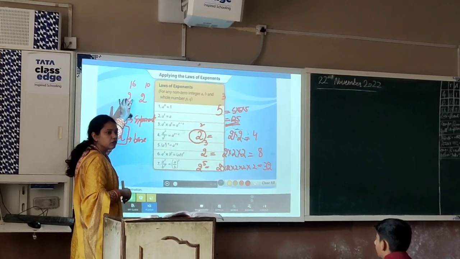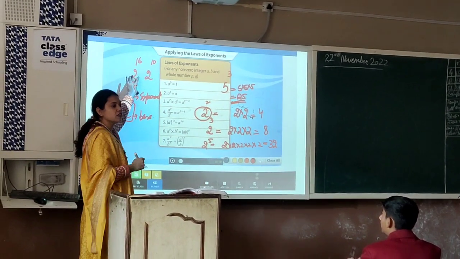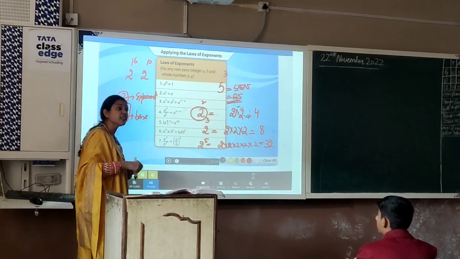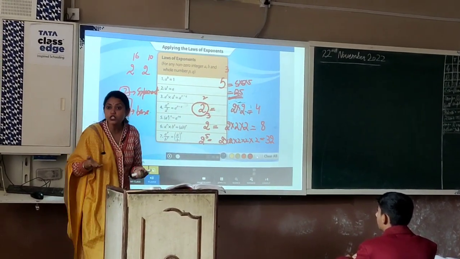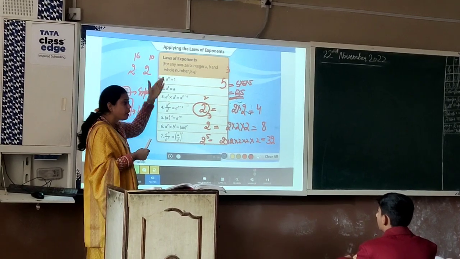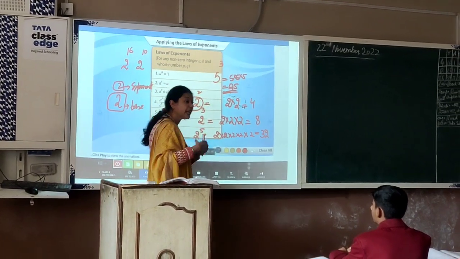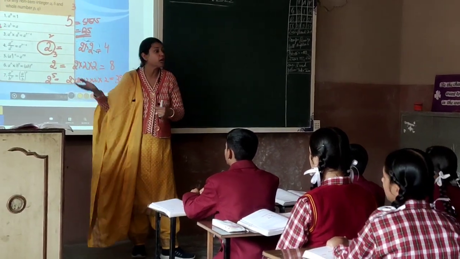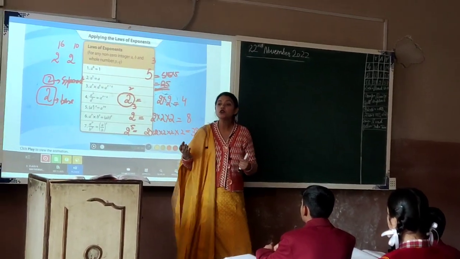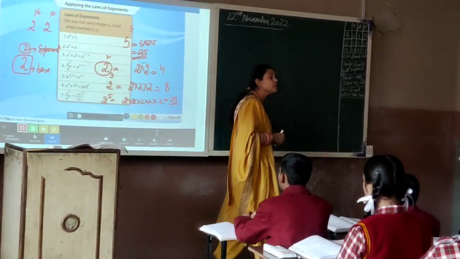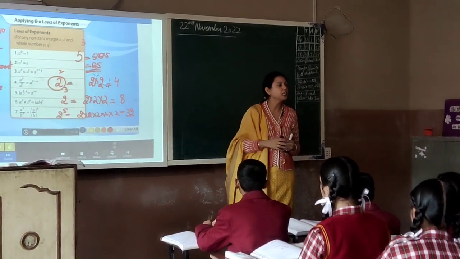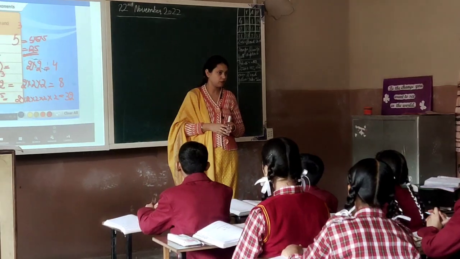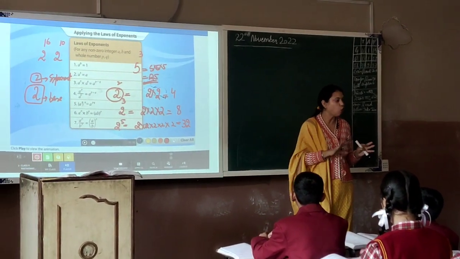The question arises: it's 16 power, we will multiply it 16 times, which is time consuming. Again, it is 10 power, we will multiply 2 ten times. Again, it's time consuming. So how to solve these types of exponents? We will solve these exponents using special laws, and those laws are known as laws of exponents. I will explain these laws one by one.